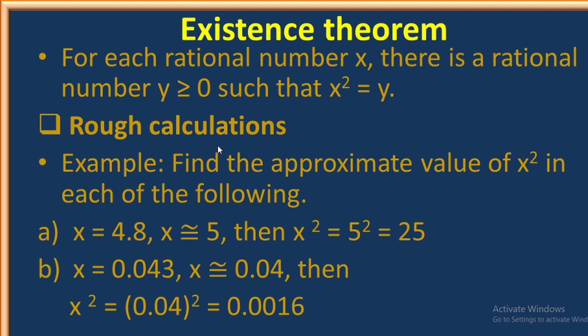So rough calculations are very important, because sometimes you have to use big numbers, especially decimals, and when we multiply we have to count all the digits after the decimal point, which is time taking and takes up space. So it is better to find the approximation value of the numbers.